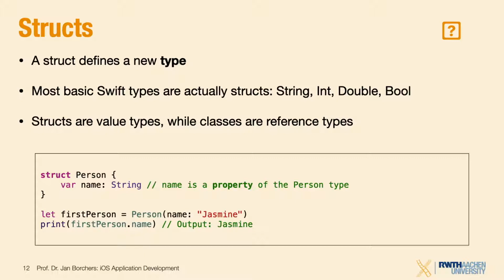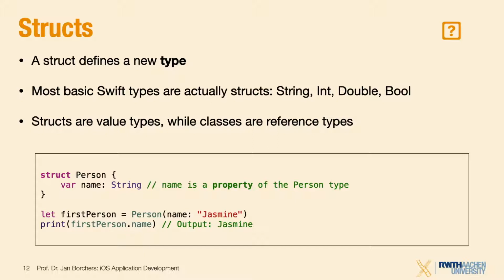It's a constant actually, and we fill it with a value of a struct that is being created by calling an initializer and setting the name to Jasmine. And then if we want to access that part of the struct, again, that's very much like what you're used to from Java, etc. You just access it using dot notation. firstPerson.name gets you access to the name inside the Person struct. So this is not too crazy.